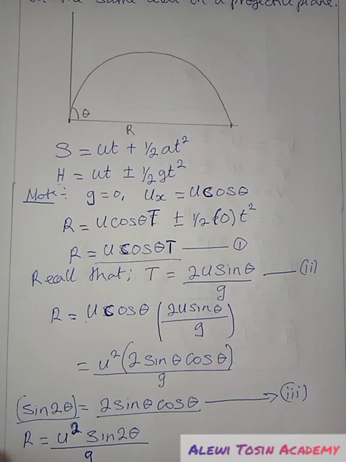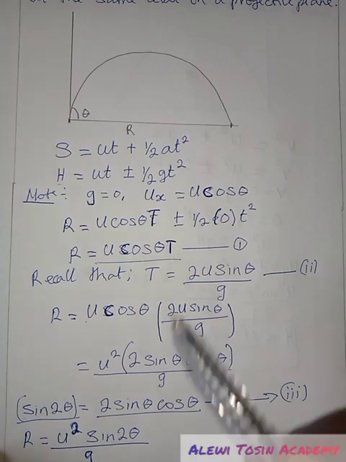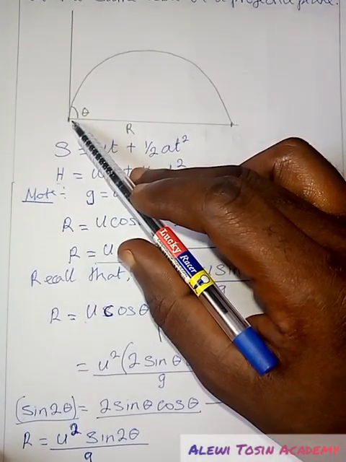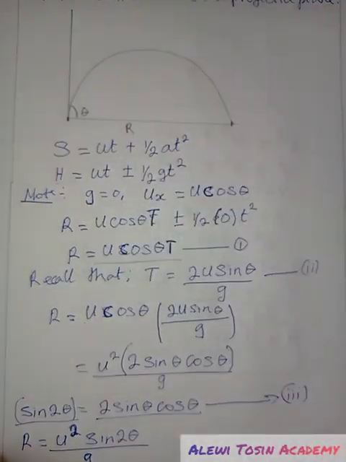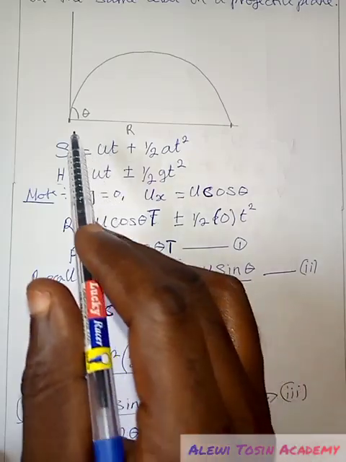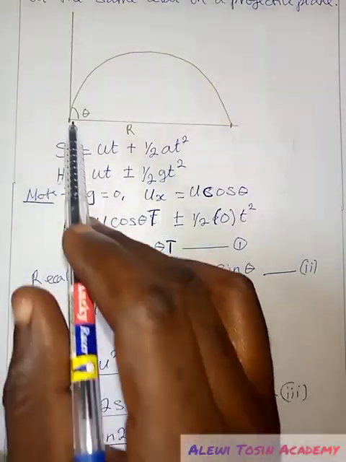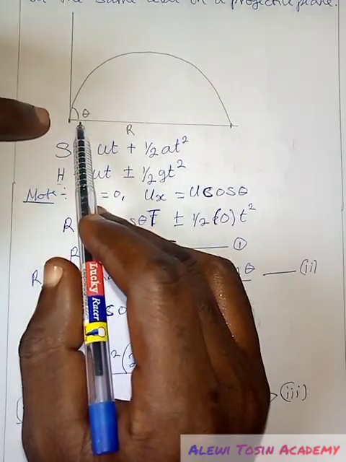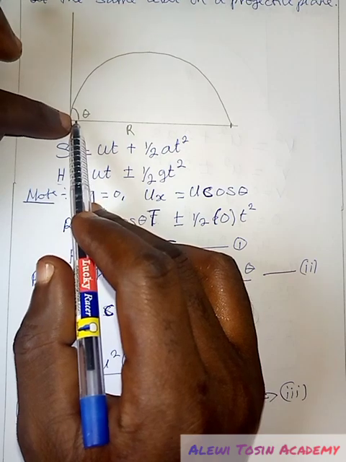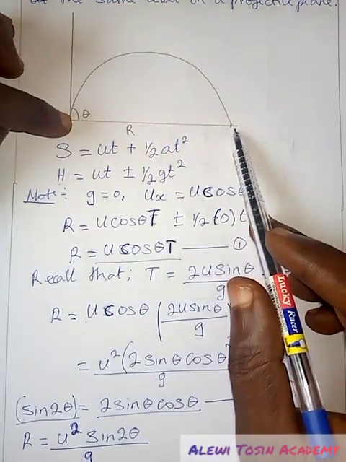Now let's see if we can decide our maximum range. The maximum range is the angle you can attain where you have the maximum range.